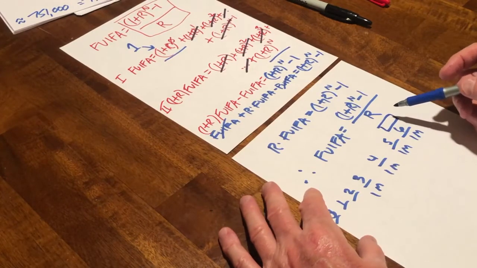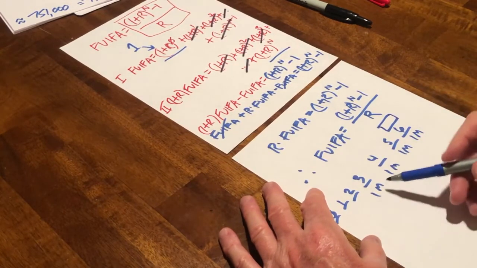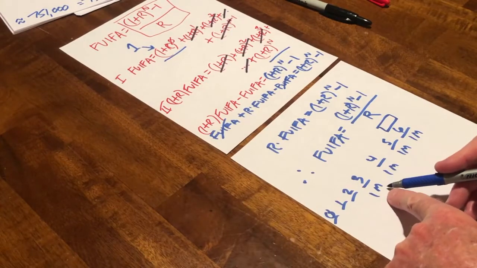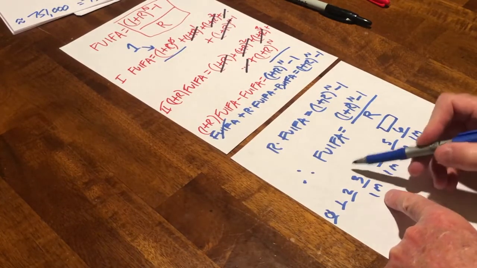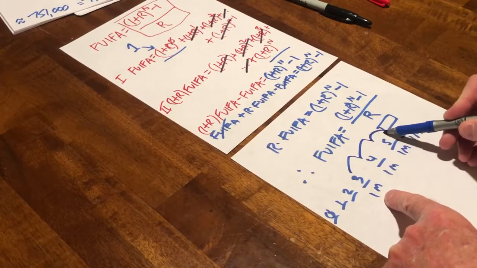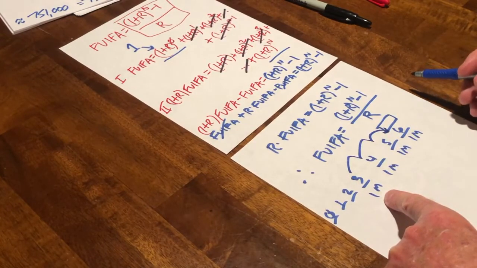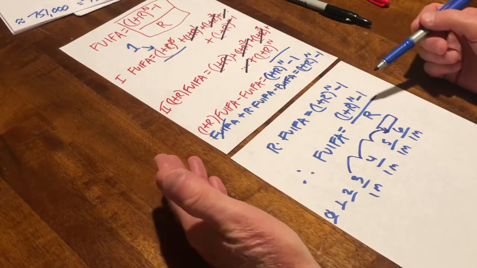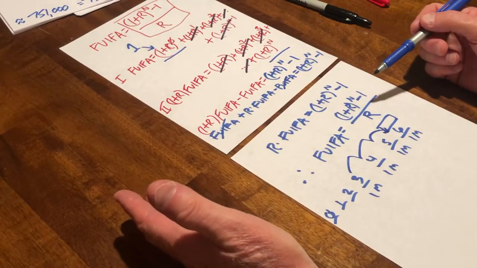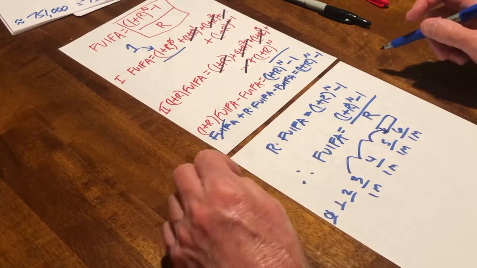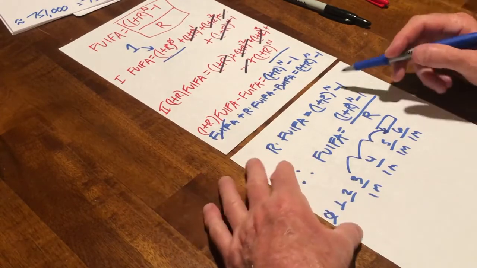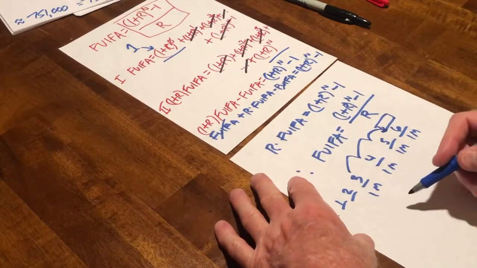Well, again, I could take and look at each individual deposit separately and move this deposit forward 3 periods using its own FVIF. But now that we have our tool, the future value interest factor for an annuity, let's apply that. And now we'll see that the application formula for the FVIFA looks like this.